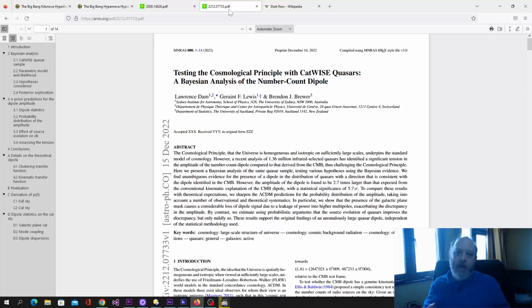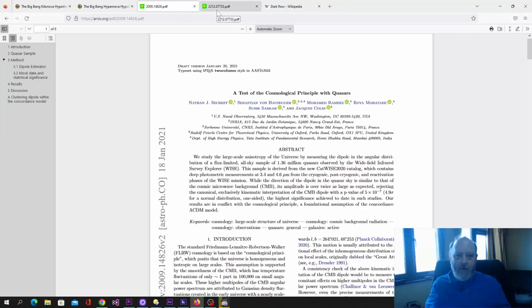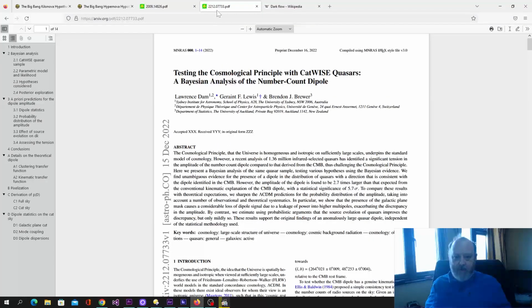Where did God originate from? And straight after doing that, I see these two papers here.